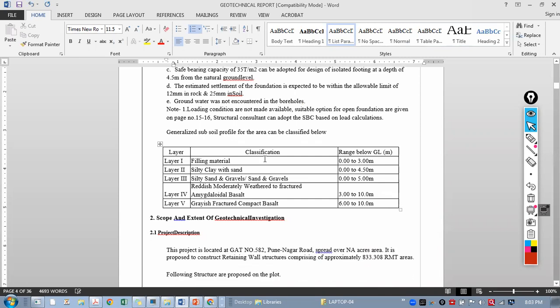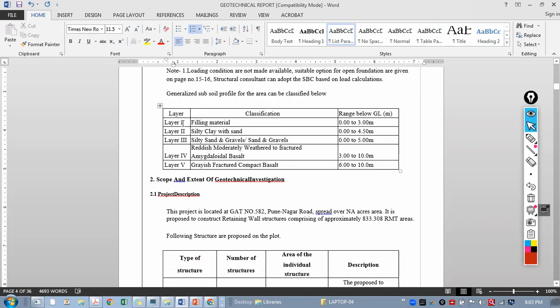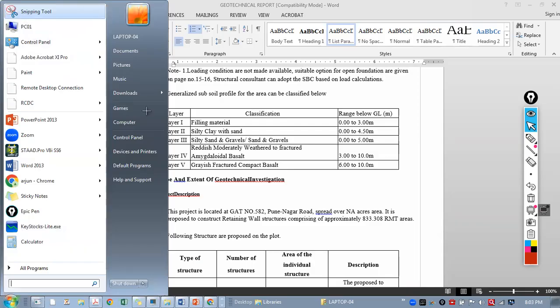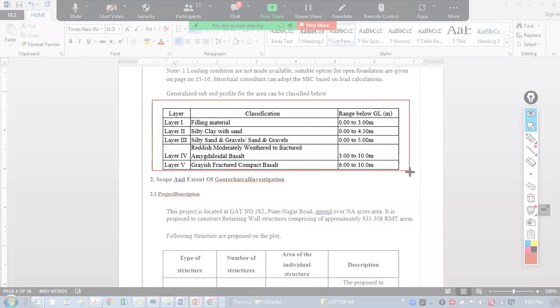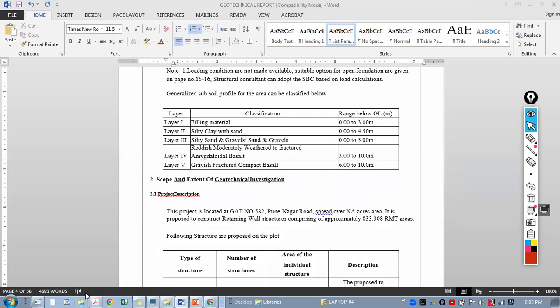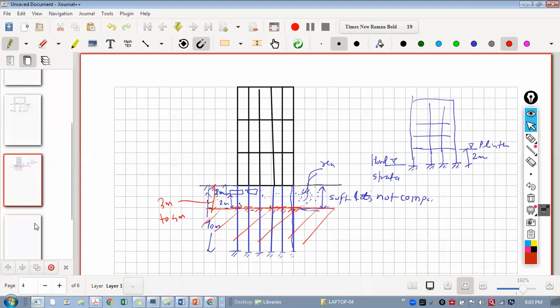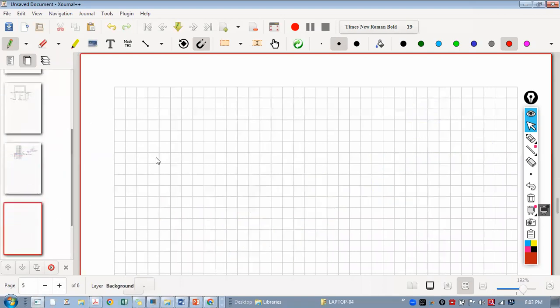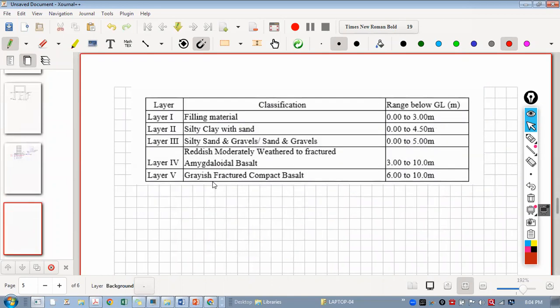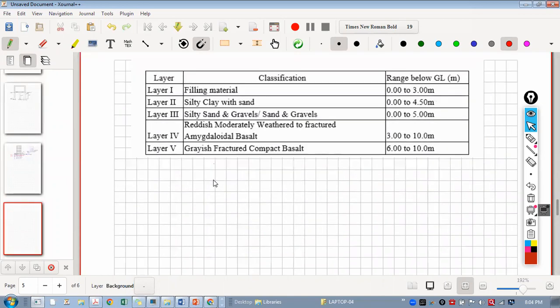Now here, in general, this is the classification of soil below the ground. Layer 1, 2, 3, 4, 5, and see, range 0 to 3 meters. I will do one thing. See, what is the meaning of this?